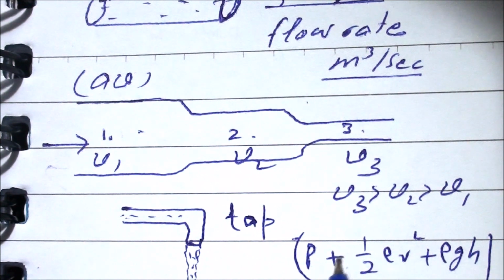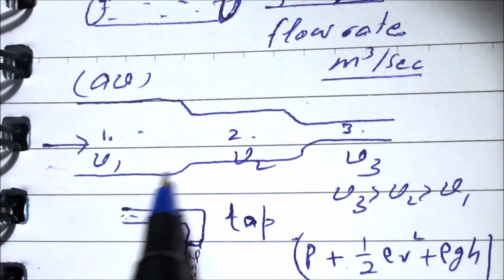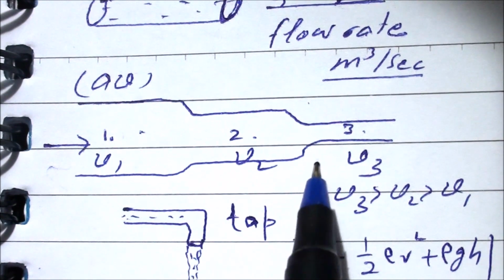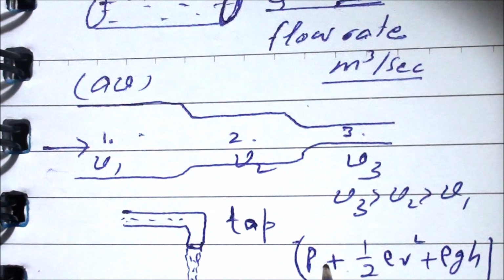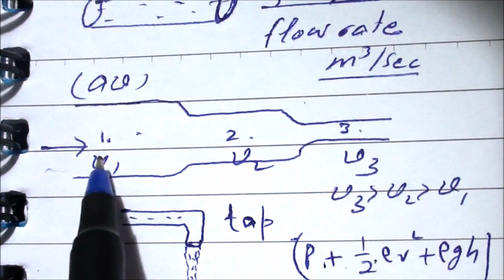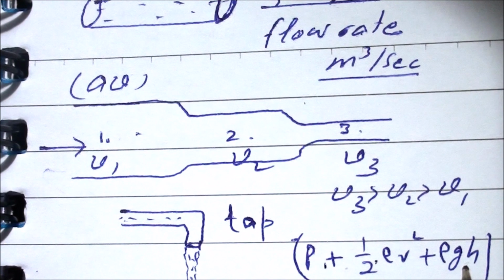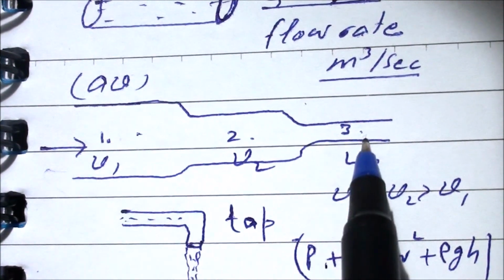We are taking all these assumptions that the liquid is ideal and the flow is streamlined and irrotational. It means the sum of pressure, kinetic energy and potential energy per unit volume will remain constant. And here the tube is horizontal, so there is not much difference in potential energy. We can take it same throughout.